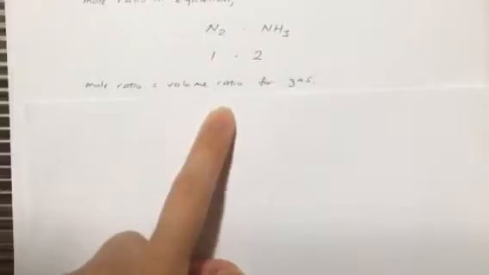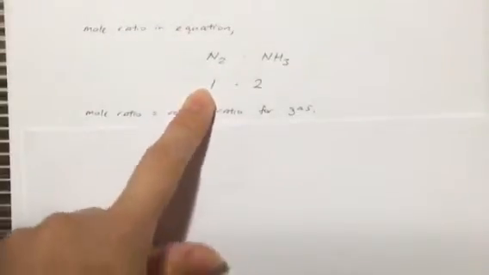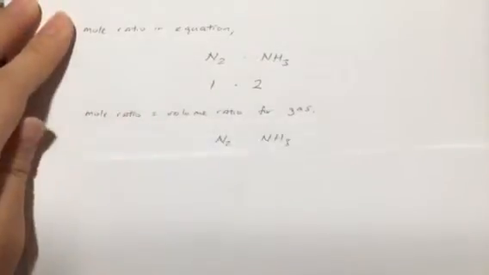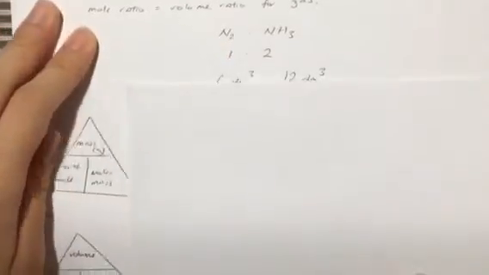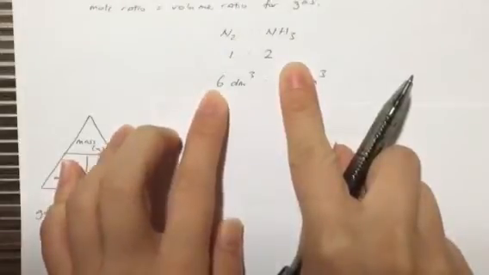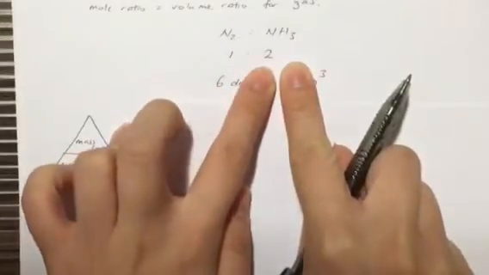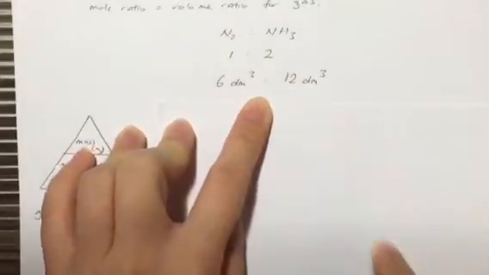And since for gases, mole ratio equals volume ratio, we know that the volume of our nitrogen is given as 6. Okay, so we write the mole ratio one more time, equals volume ratio, which is 1:2. And since we know that our volume of nitrogen is 6 and ammonia is always double, the volume of ammonia will be 12 dm cubed.